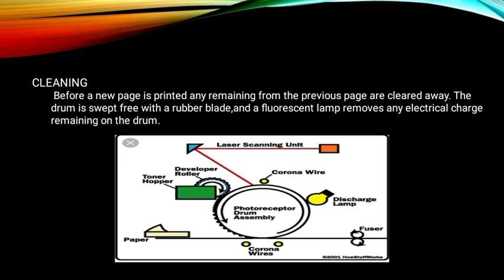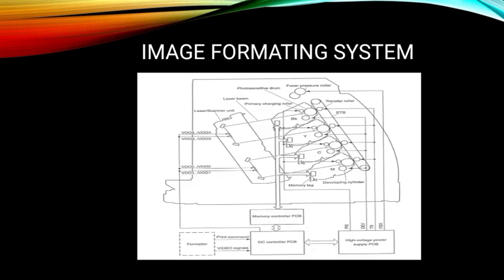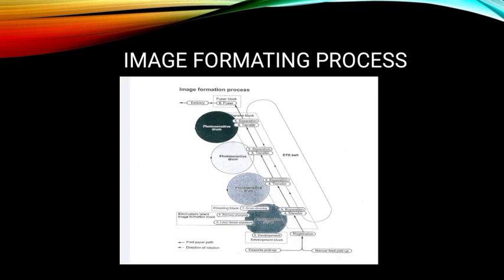This is the picture for the cleaning process, development roller, all of that. This is the picture for the image formatting system, laser image formatting system. This is the picture for the laser image formatting process.